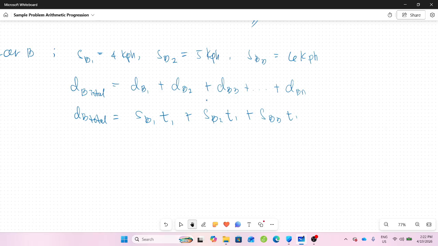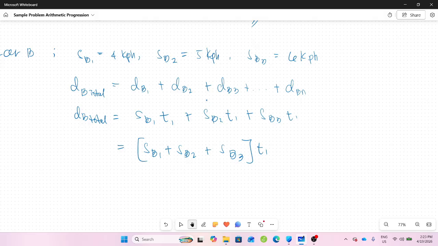This continues, and we don't know yet how many terms we have to add, because we don't know the total time. But there is a pattern. We could simplify this further. So this becomes SB1 plus SB2 plus SB3. Then we're going to factor out the time. The time here is simply 1.